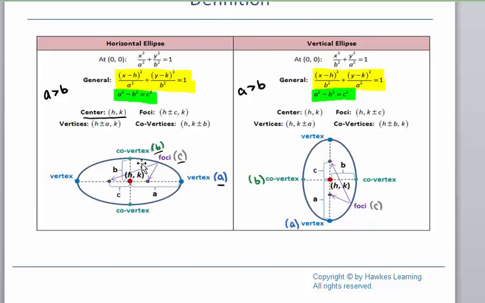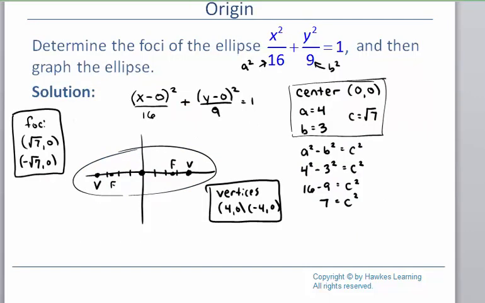Recall that your co-vertices, which define the shorter direction of the ellipse, are defined by b. All right, so our b value is 3, and so what I'm going to need to do is mark off 3 up and place a point, and 3 down and place a point.